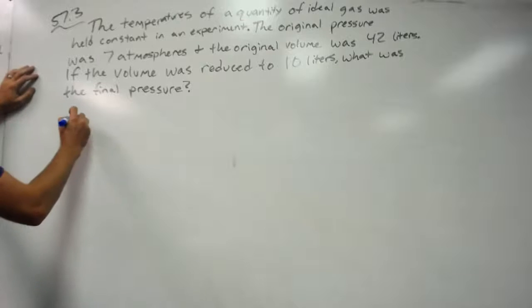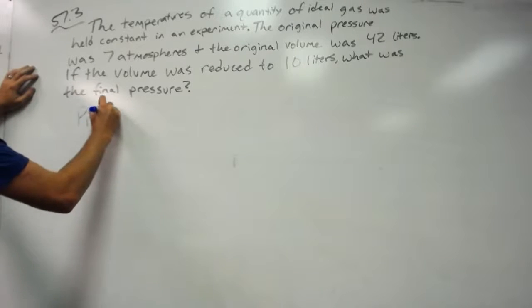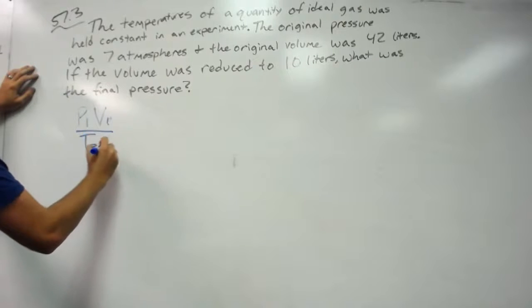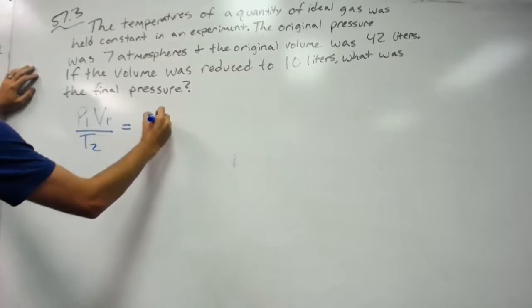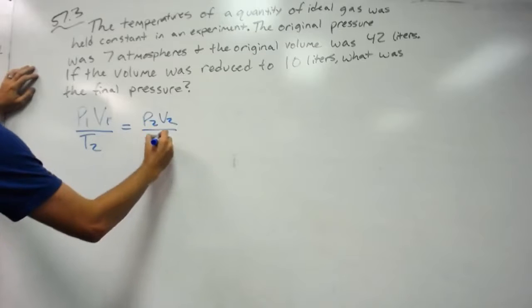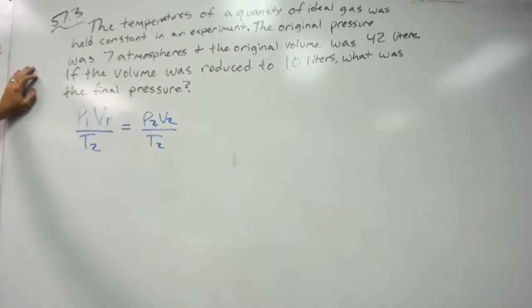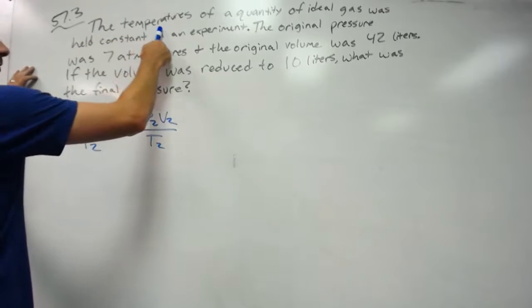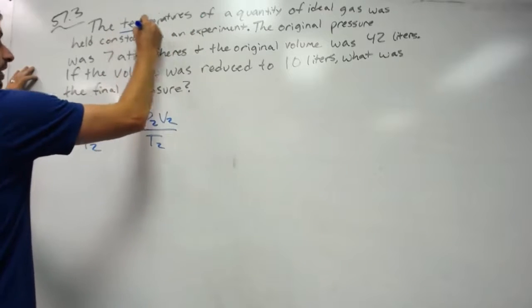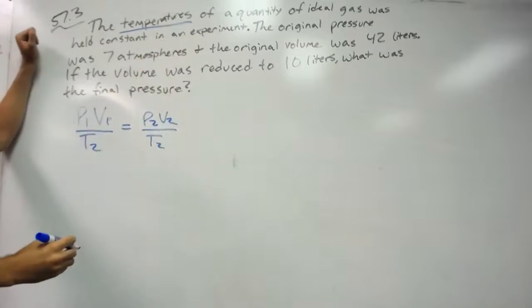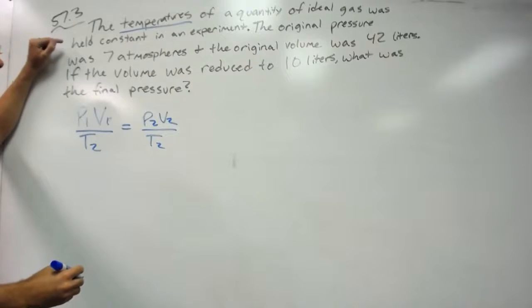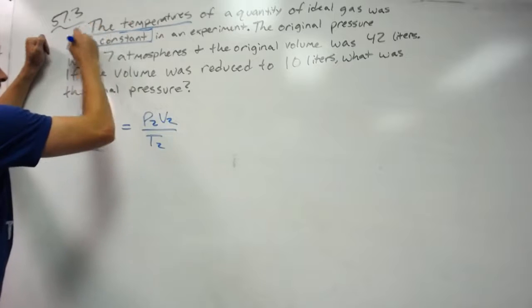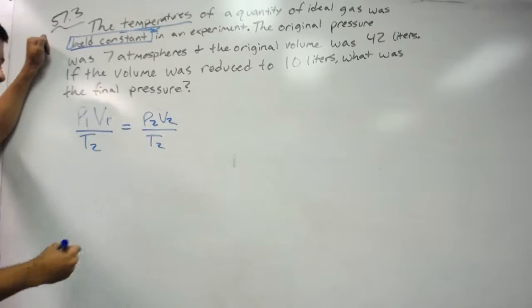Here's our formula, P1 V1 over T1 equals P2 V2 over T2. All right, let's see what it gives us. Let's look at this first sentence. It says the temperature of the quantity of ideal gas, so we're about to know something about the temperatures. Got our clue word: it said it was held constant. What does that mean?